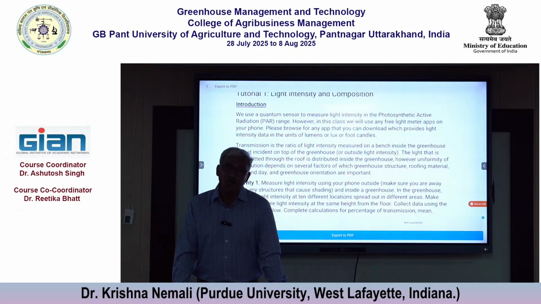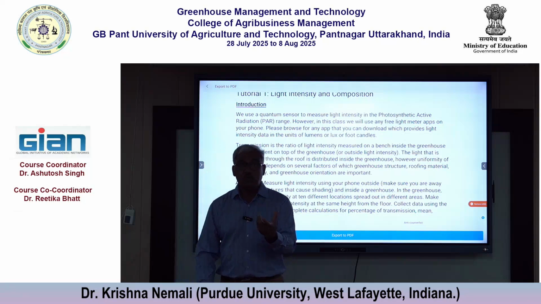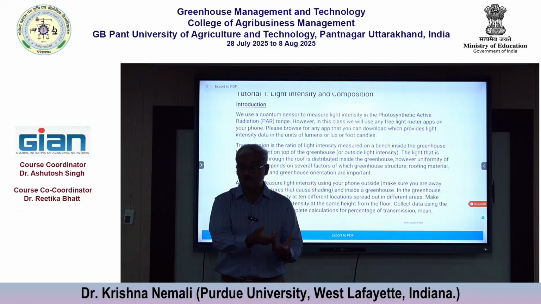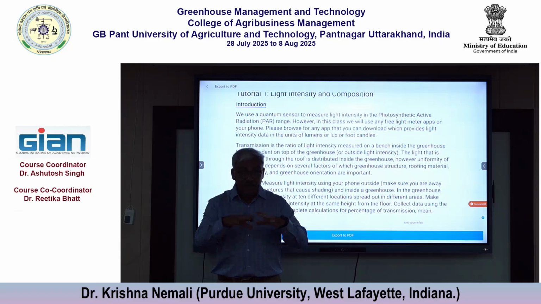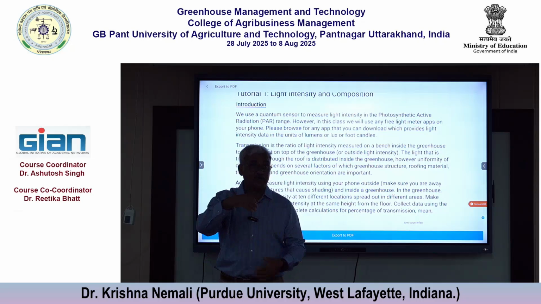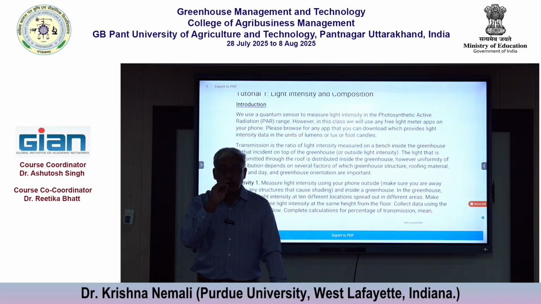So what I originally wanted was to actually take this light meter to a greenhouse, measure the intensity outside in the sun and also inside the greenhouse at different locations, and map out what we call a heat map, something like that, map how much light intensity is there in different sections, and from that calculate percentage of transmission. Your goal should be to make that transmission as uniform as possible.